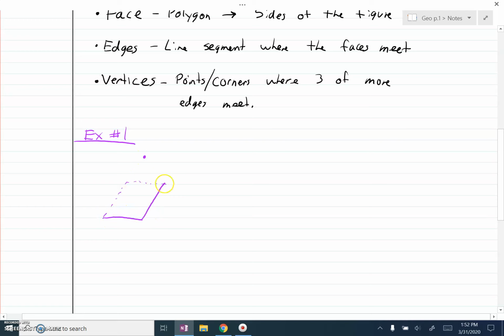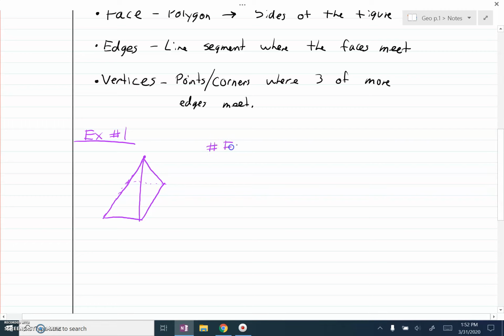All those points go up. I wouldn't see that one be dotted. Okay, so if I drew that, as best I can, and I had that shape, the question would ask you how many faces, how many vertices, and how many edges it has.